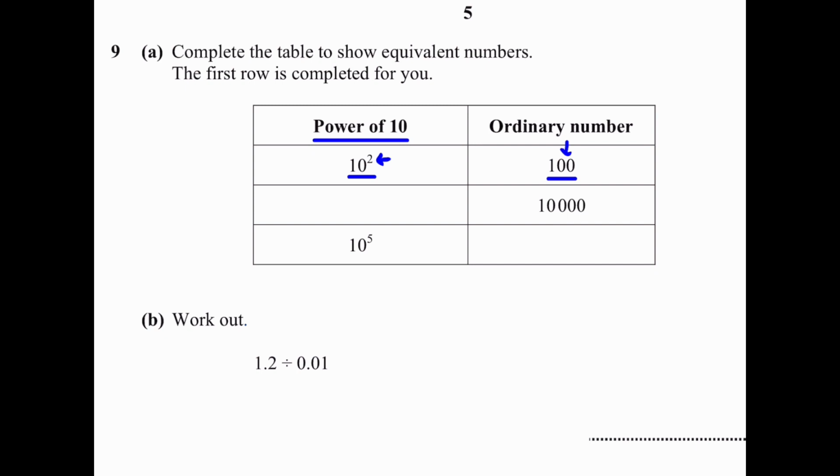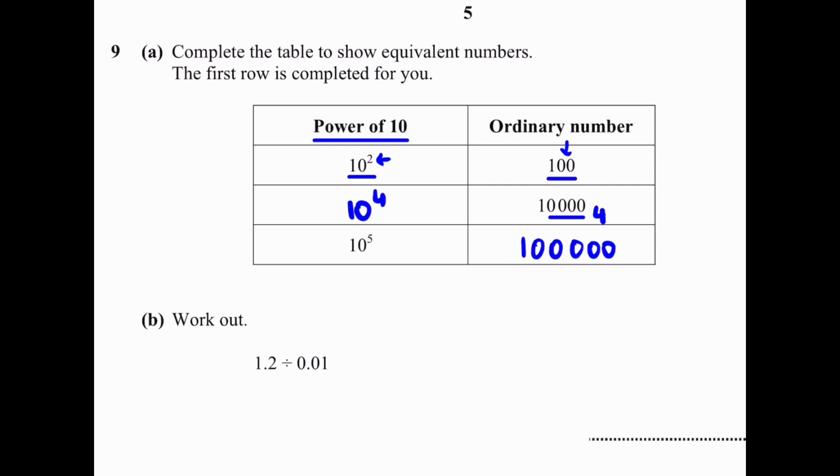Remember that. So 10,000 has 4 zeros, so it is 10 to the power 4. 10 to the power 5 will have 5 zeros, therefore it will be 1 followed by 5 zeros, and this will be 100,000.